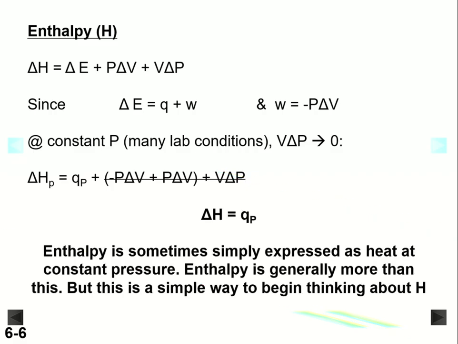So we said last time enthalpy is sometimes expressed as heat at constant pressure. That is one way of thinking about it, and enthalpy can generally be more than this under other conditions, but at constant pressure, enthalpy is the heat of the system during the transition.